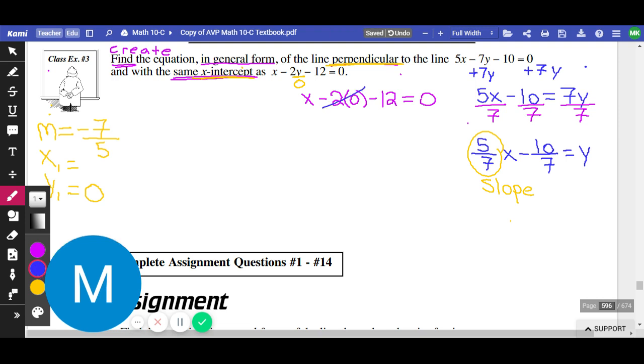So I really have x minus 12 equals 0. To figure out what my x value is, I add 12 to both sides. That means x equals 12. That's my x1 point.